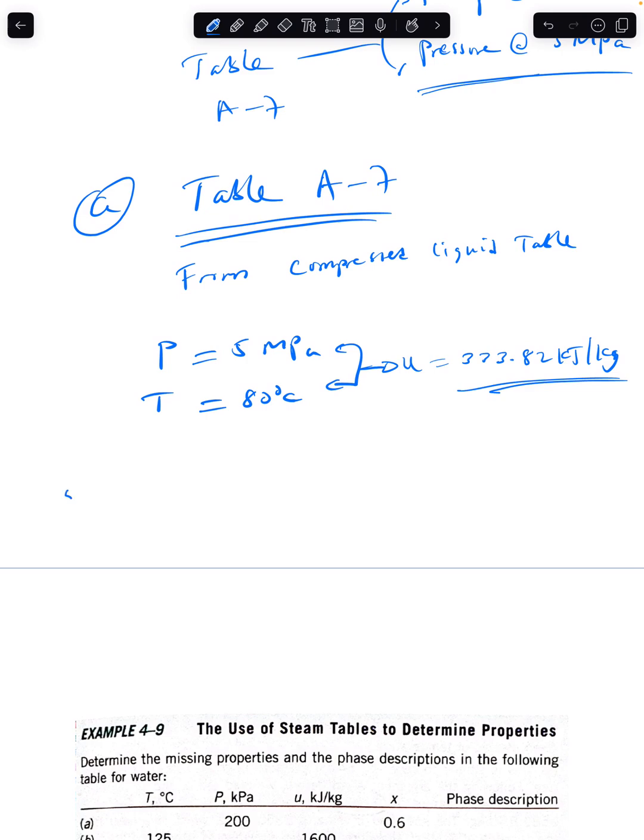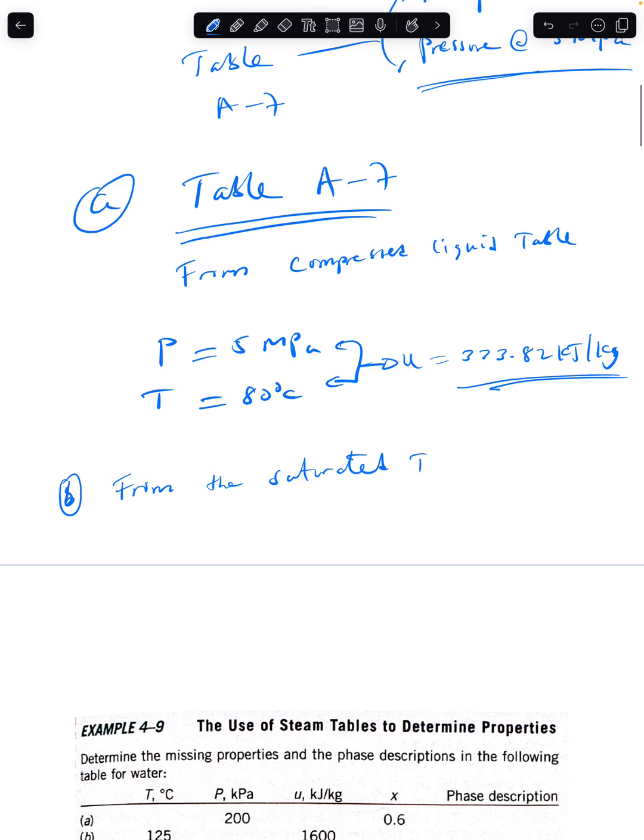And B, from the saturated table. We look for the table which talks about saturation. The saturation table is table A4.